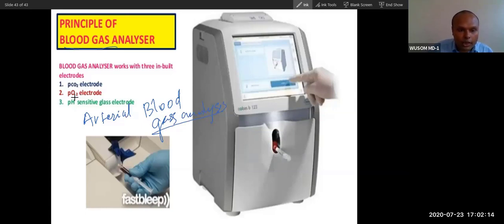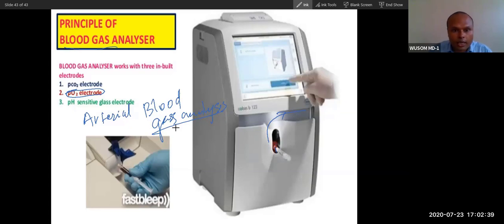Here you will see there is an electrode inside this instrument. The instrument will draw the blood, the blood will pass through, and there is an electrode that can detect oxygen. If this electrode cannot detect oxygen, it means oxygen is not there.